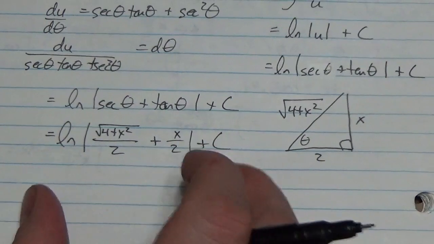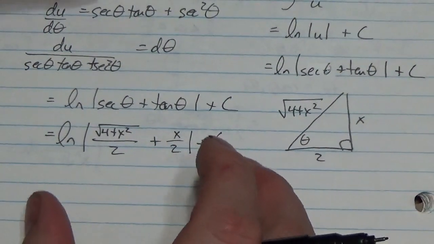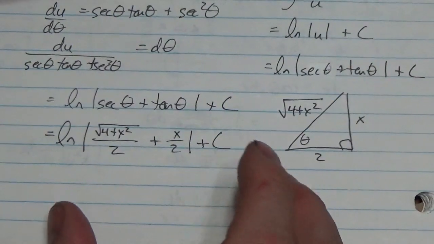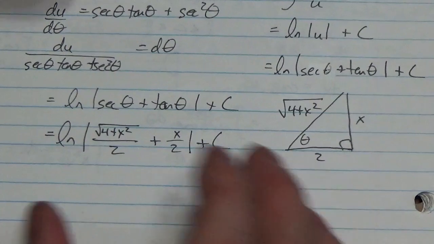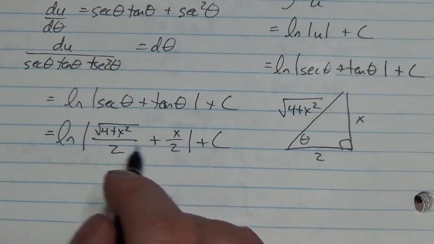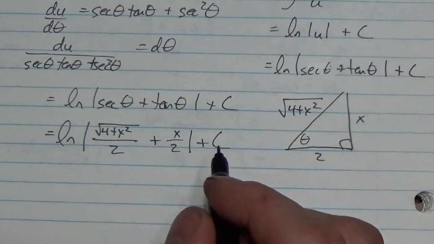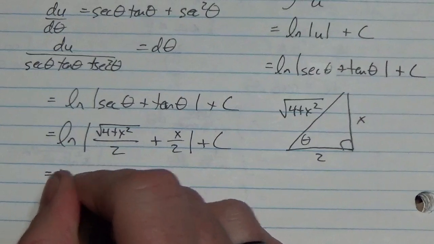So here's our expression. We can play with that a little bit if we wanted to, but that actually is really good the way it is. I know that I can do a little bit because of the division here. Well, maybe I should. Let me write it like this.